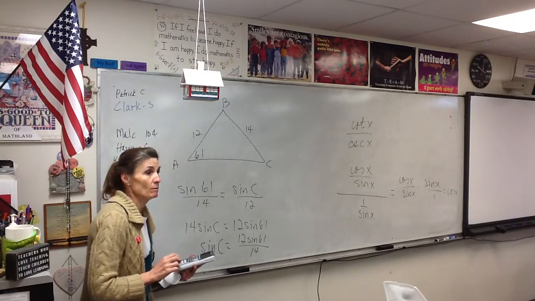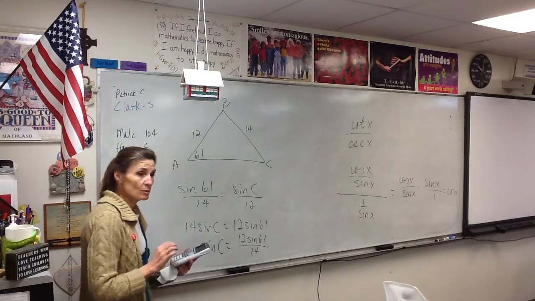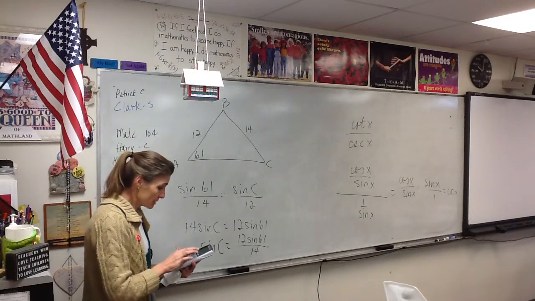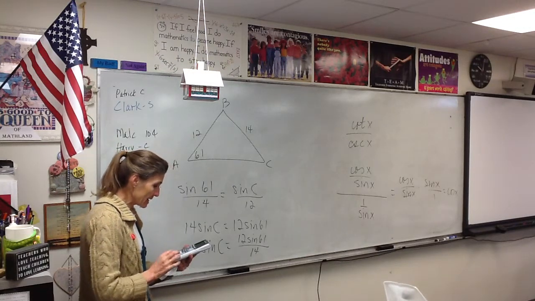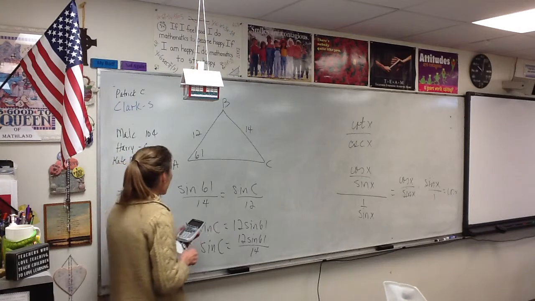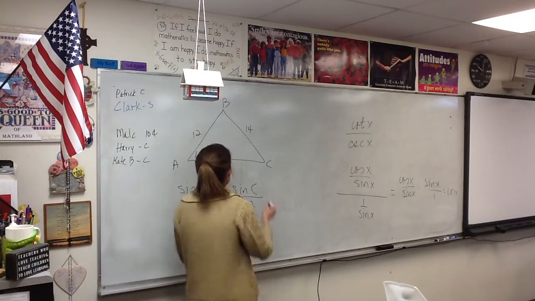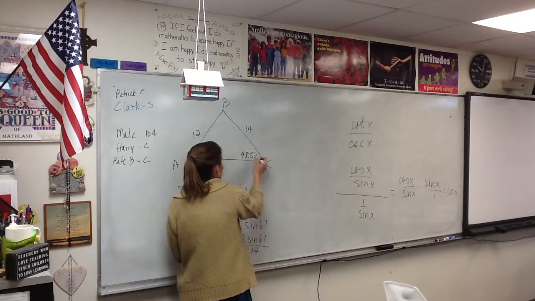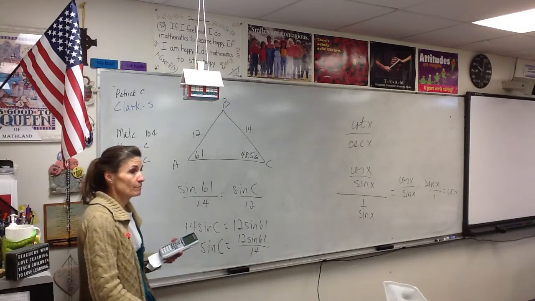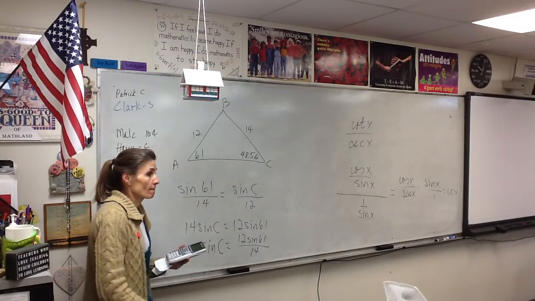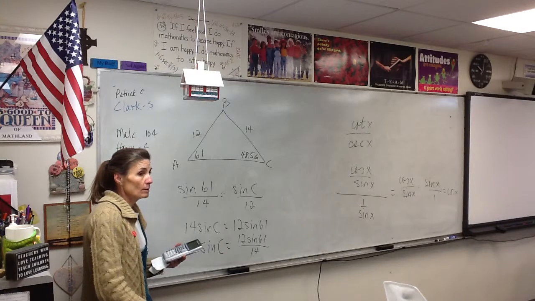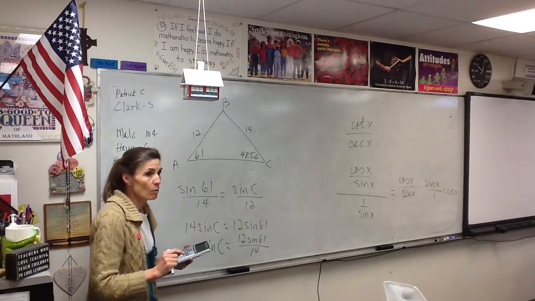Did you get a decimal? Yeah. Now what do you do with that decimal? You are not done. You second sine, second answer. And I got 48.56. Did you? Yes.